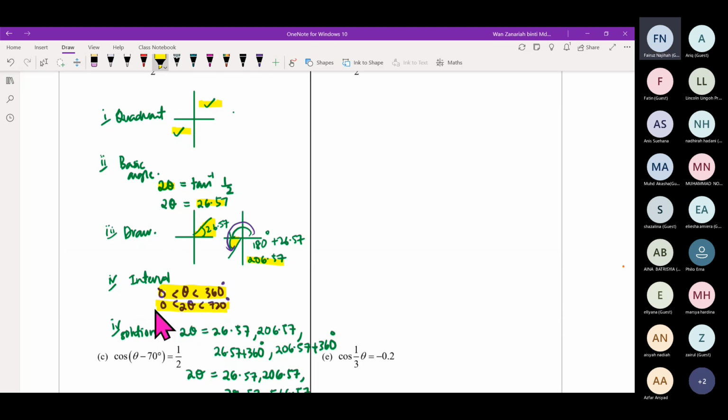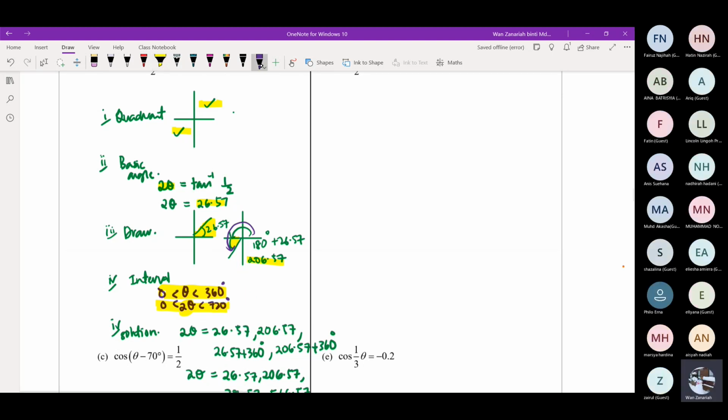I kena multiply with 2. 0 times 2, 0. Theta times 2 is 2 theta. Barulah jadi macam dalam soalan yang dia nak ni 2 theta. So 720. Kalau ini tadi first one complete rotation, sekarang kena buat 2 rotation. Ini 360. Kena pusing satu kali lagi baru dapat 720. Betul tak? Betul.